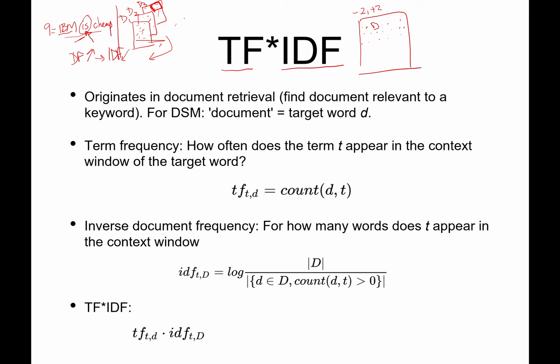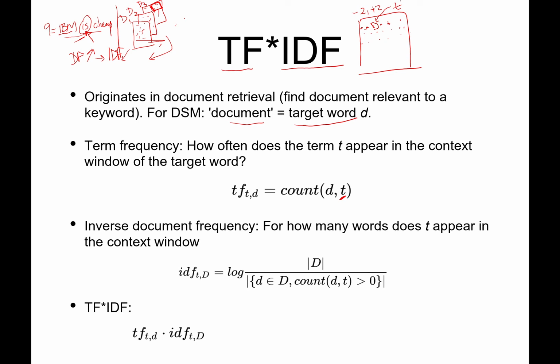We should say -n plus n generally. So I'm going to take the two words before and the two words after. And this word in the center is going to be my target term, T. And each one of these is going to be a document. So the document is the target word, D.